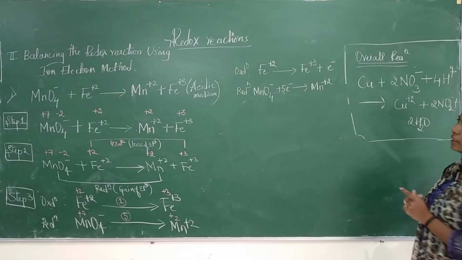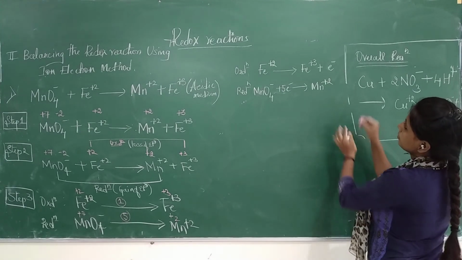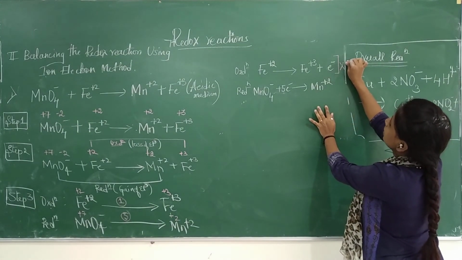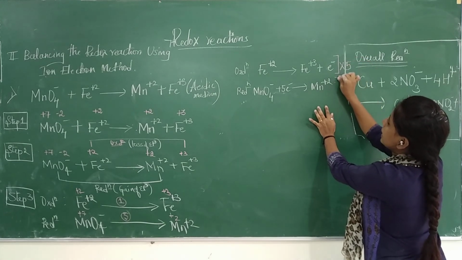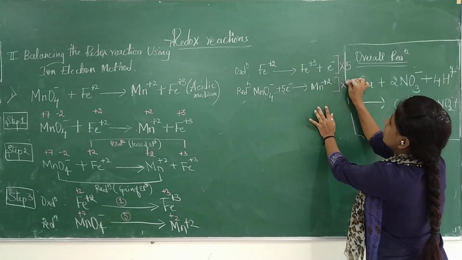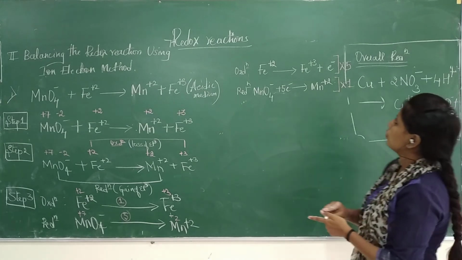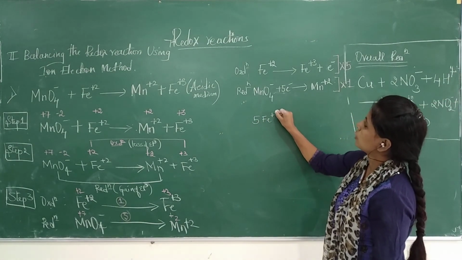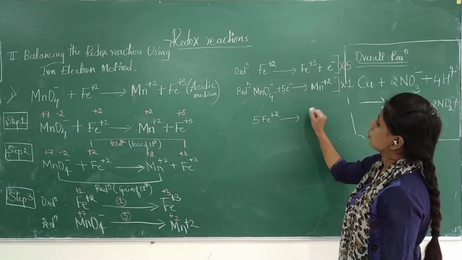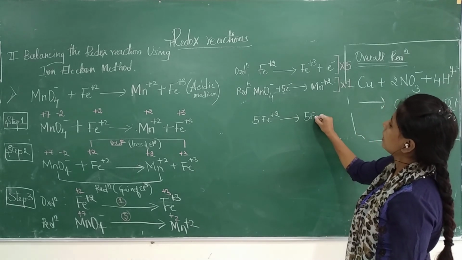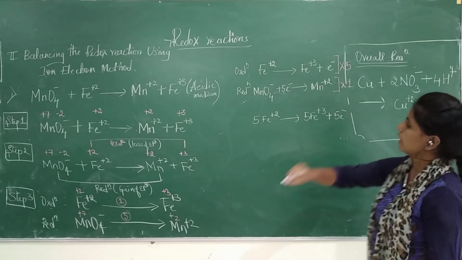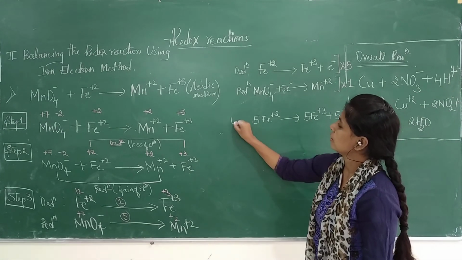First equation with 1, second equation with 1. So first will be 5Fe plus 2. So I am balancing directly: Fe plus 3, plus 5 electrons. Next reduction.